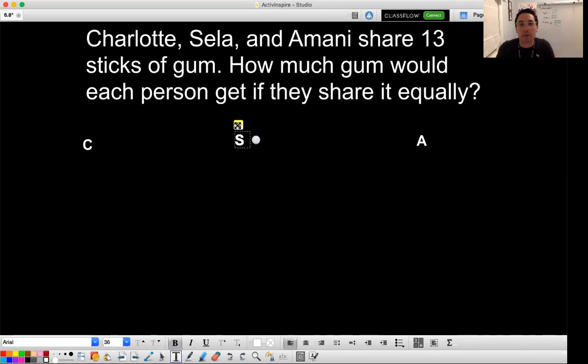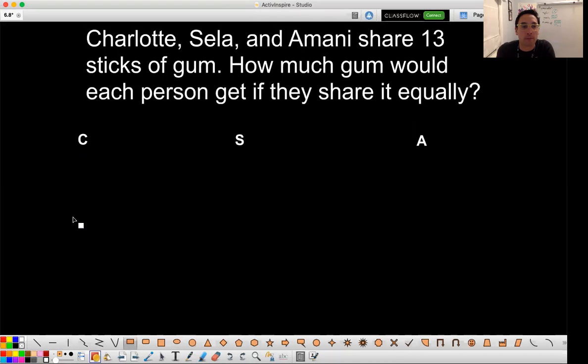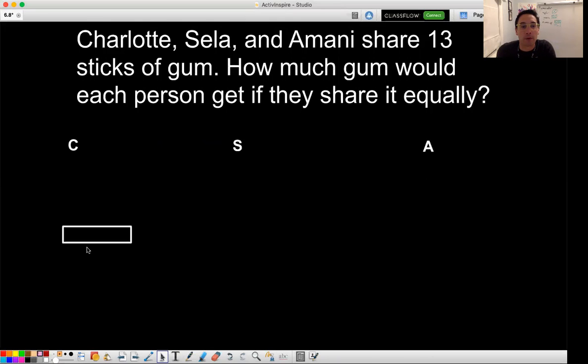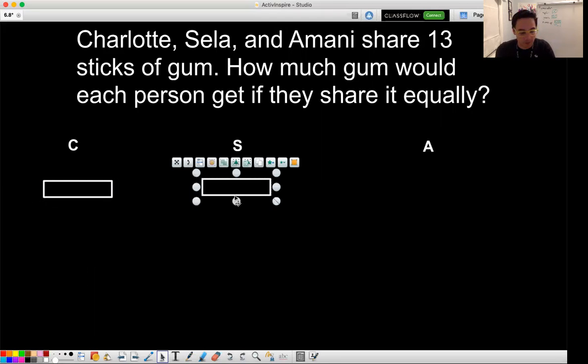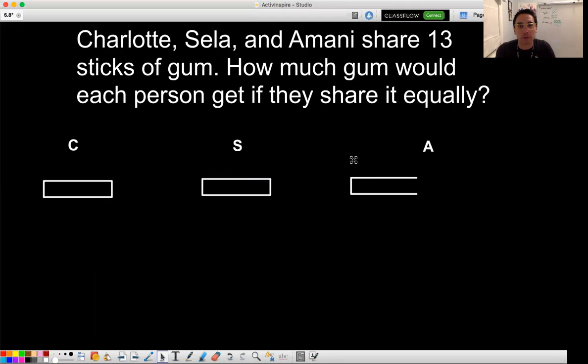They're all kind, sharing kind of folks, so they're going to be sharing the gum equally. So this is a stick of gum. First we need to get 13 sticks of gum, and we could even divide that. So like here's 1 stick, 2 sticks, and 3 sticks. So we have 3 sticks of gum so far.